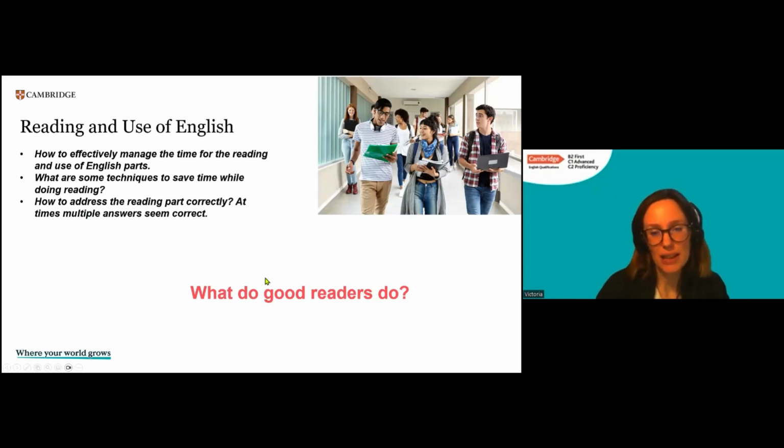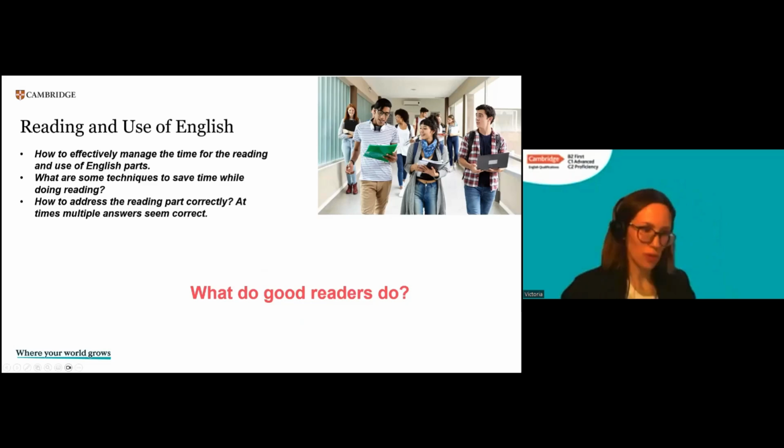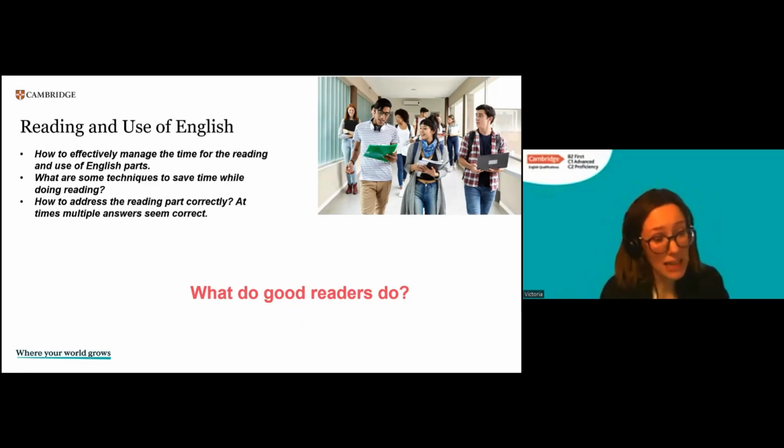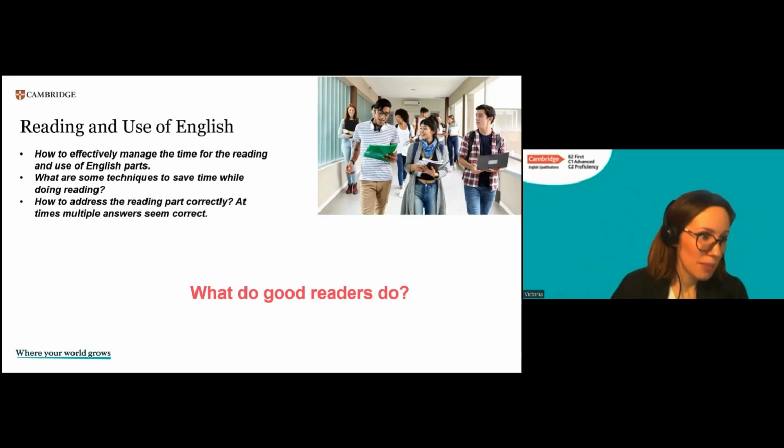I would like you to tell me what you think good readers do. So if I asked you this question, what would you say? What do you think good readers do? Okay, Raul says skim the text. Hajar, underline keywords, underline important words. Skimming and scanning from Carmen. They understand the general idea. Keywords, understand quickly, getting the gist.